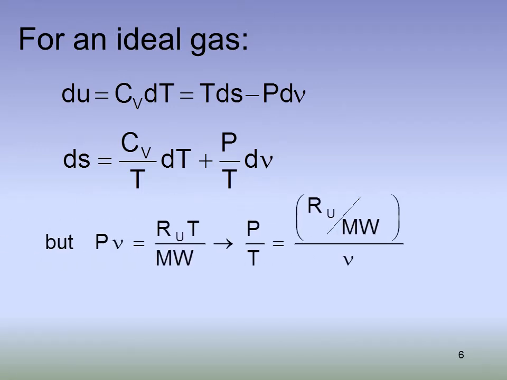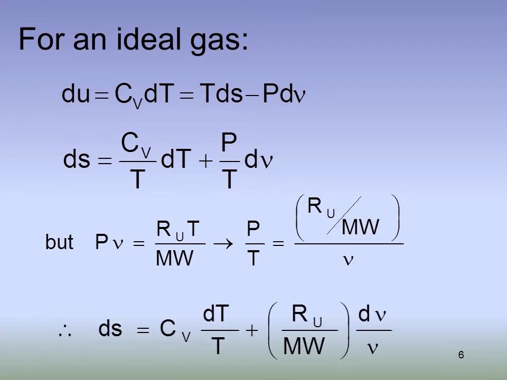Since it's an ideal gas, PV, where V is specific volume, is equal to RT over molecular weight: Ru over molecular weight times T is equal to P times V. Solving this, we wind up with ds equals Cv over T dT plus Ru over molecular weight dV over V. Now I suggest that at this point you stop, do the algebra, and convince yourself that all this is true.